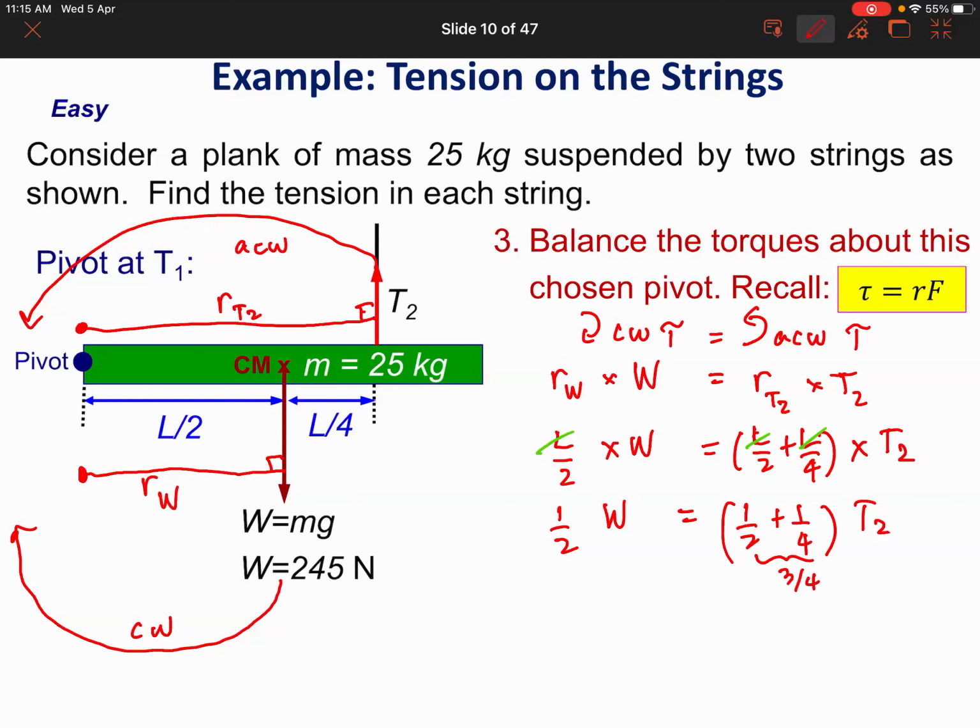So you have 1/2 times 4/3 weight is equal to T2. So T2 will therefore be equal to 2/3 times the weight force, which we've calculated earlier. 2/3 times 245 gives us T2 163 newtons.